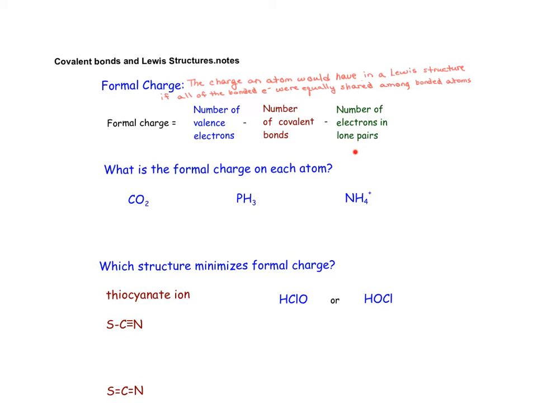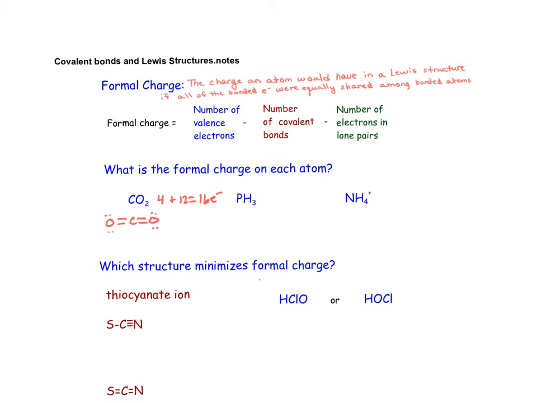So if we take a look at carbon dioxide, the first thing we need to do is draw the Lewis structure. So carbon has 4 and each oxygen has 6. So that is 16 electrons. Here's the structure. And now we can start looking at formal charge.